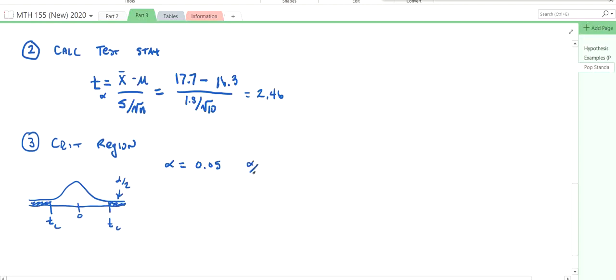Alpha over 2, half of that, is 0.025. So we need to find the value associated with that. So we need to get t of 0.025, for the degrees of freedom of 10 minus 1 equals 9. This will then require us to go to the tables.